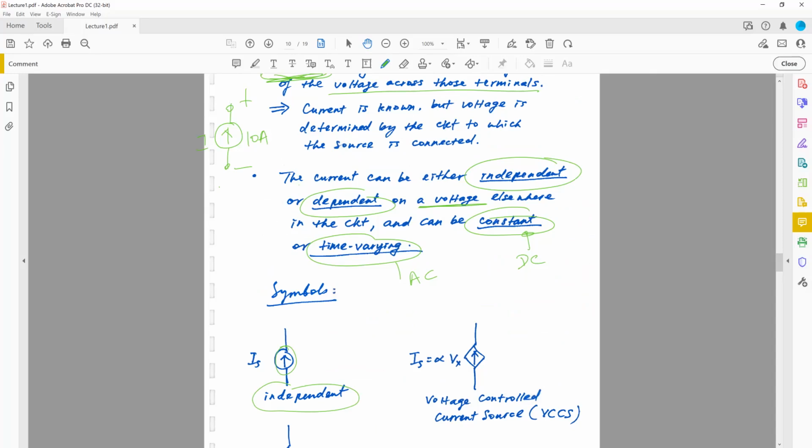Now, if I have a dependent current source, in this case, Is is equal to some alpha scaling factor times Vx, where Vx, again, is another voltage that exists somewhere in your circuit. So in that case, I have a current source that depends on some voltage elsewhere in the circuit. So I have something called a voltage controlled current source, aka VCCS.